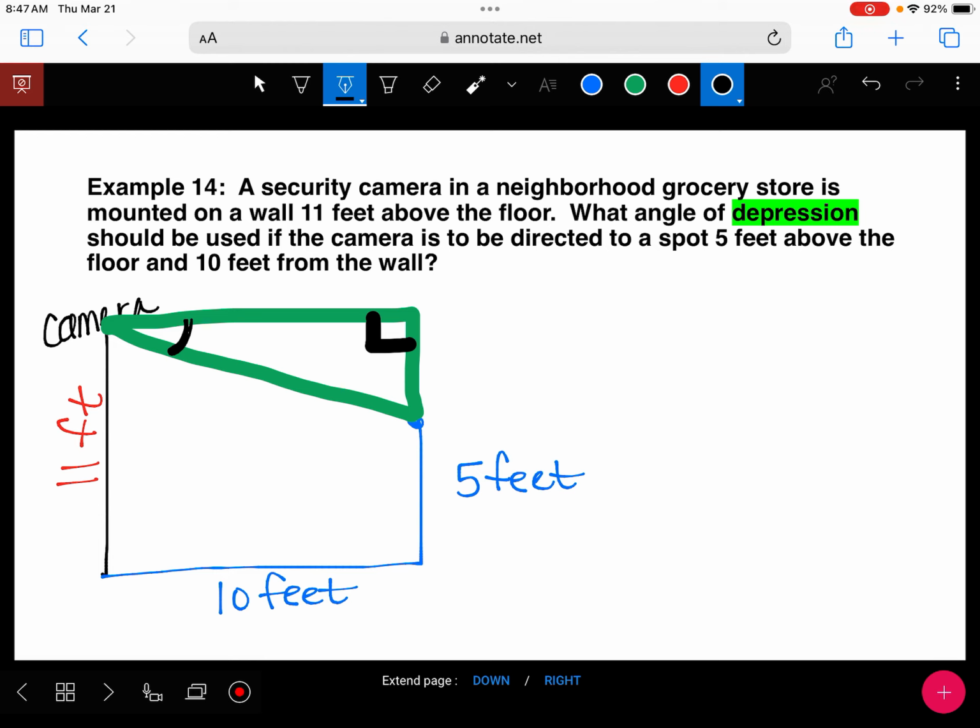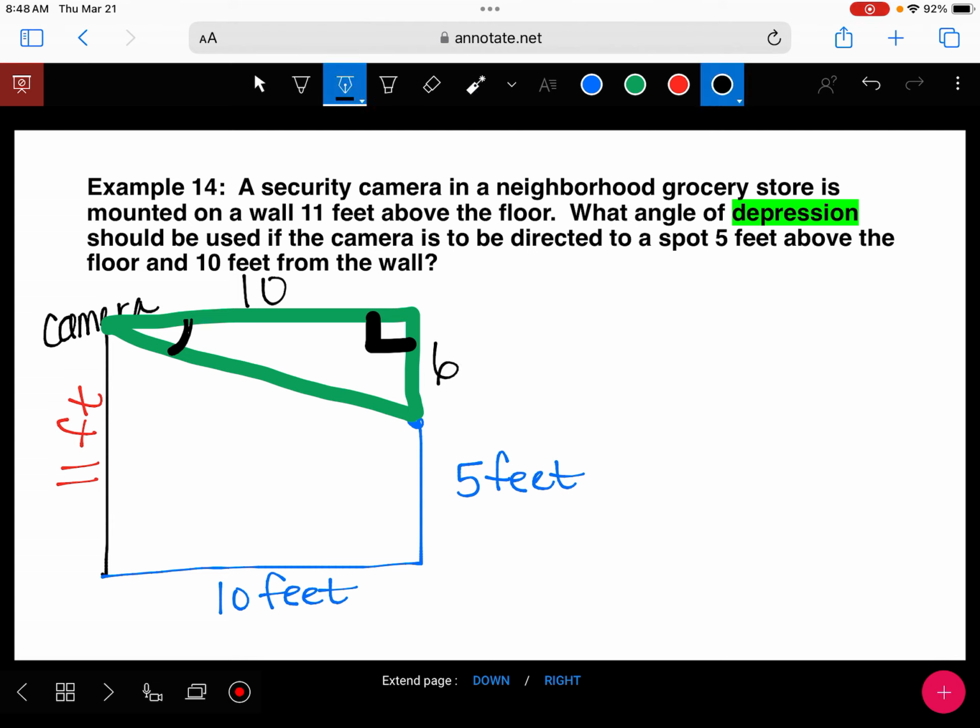So what we need to figure out is we know that in this green triangle, the distance from here to here is what? What's the distance from here to here? 10. The tricky part though is, how do we figure out this distance? Subtract the 5 from 11. And what is 11 minus 5? 6.